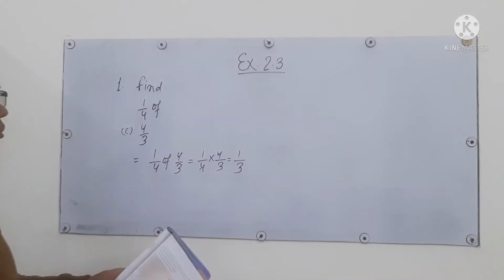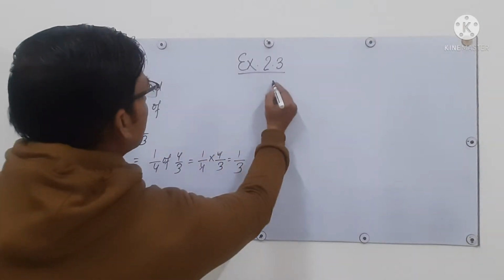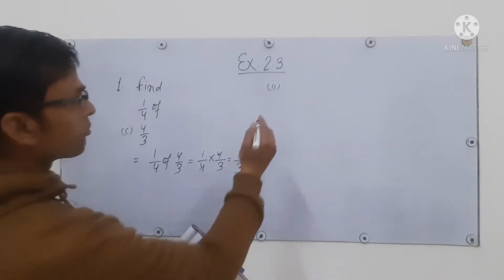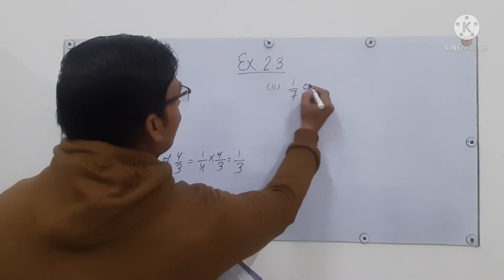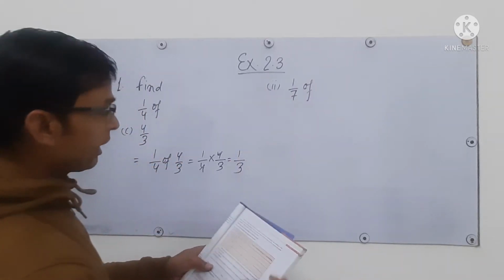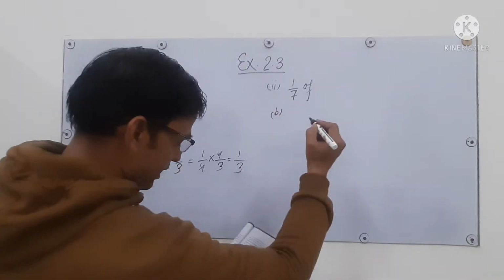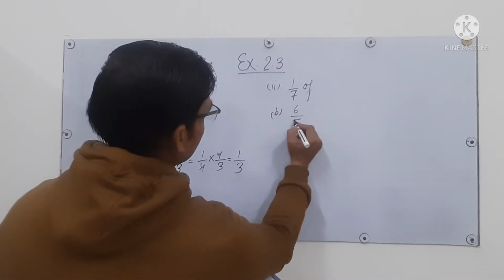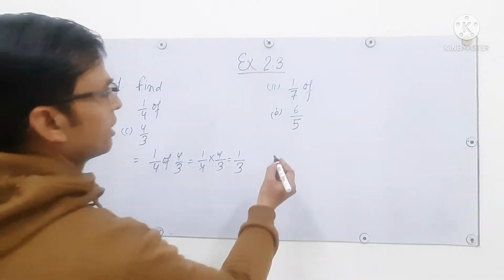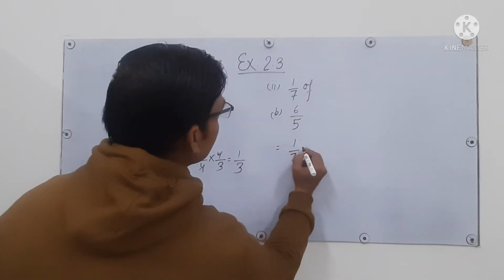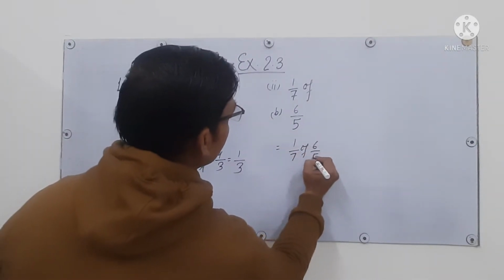And in the first question, part 2, we will solve 1 by 7 of, and I will try to solve only part B, and the rest you will solve on your own. So 1 by 7 of 6 by 5.